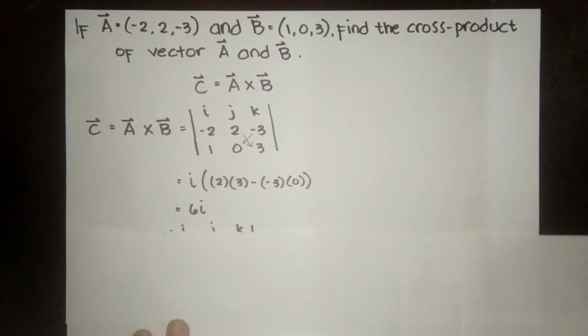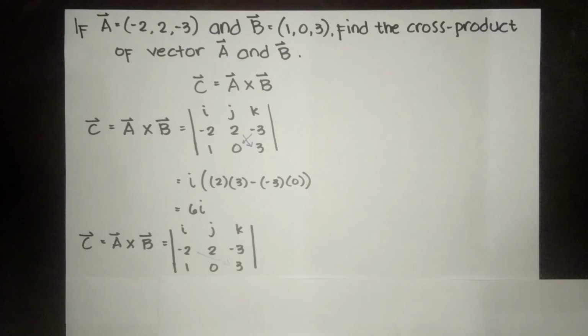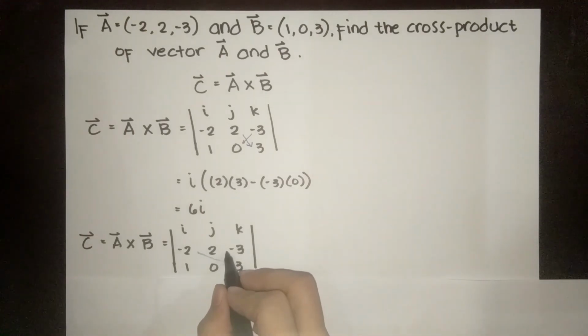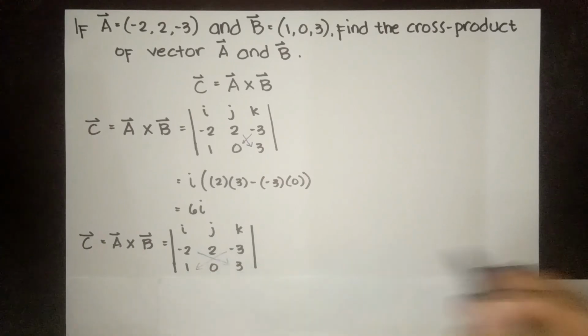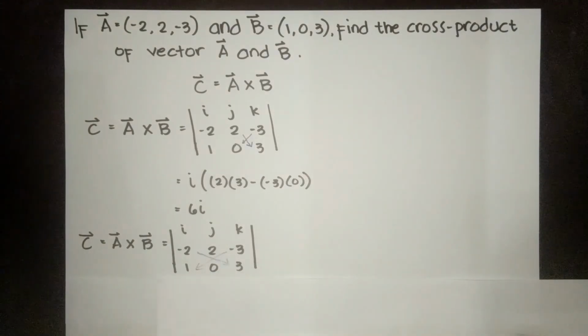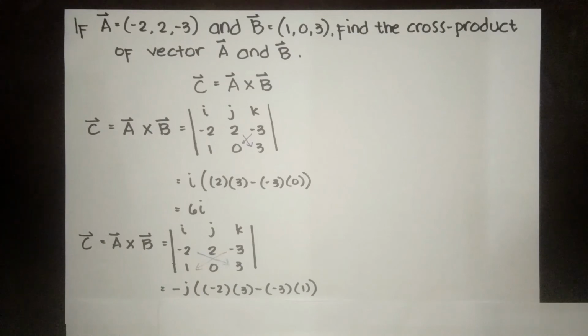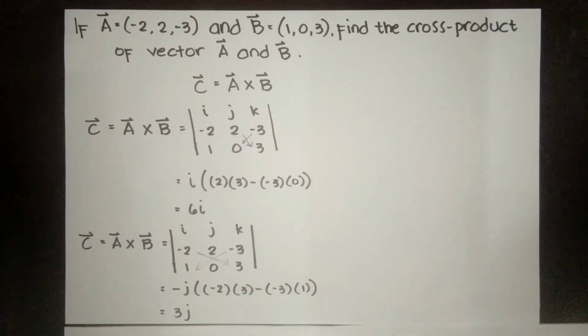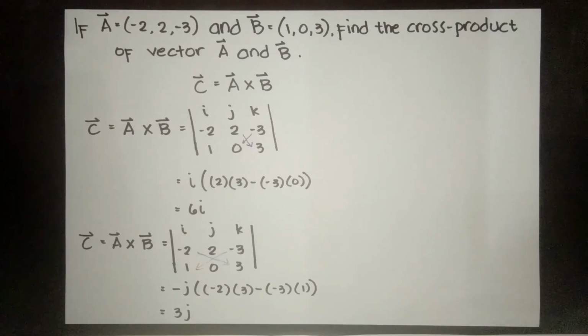To find the components of j, cross multiply the second row of i to the third row of k, minus the cross product of the second row of k to the third row of i. That gives us negative j times the product of negative 2 times 3 minus negative 3 times 1, which is equal to positive 3j.